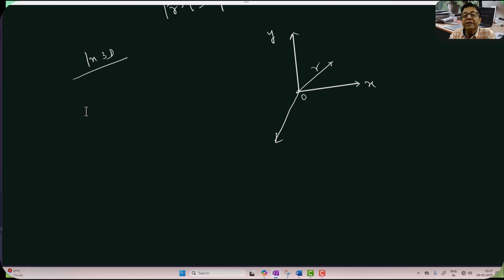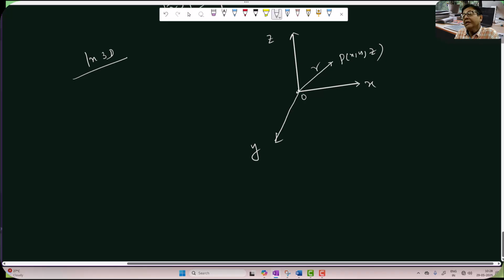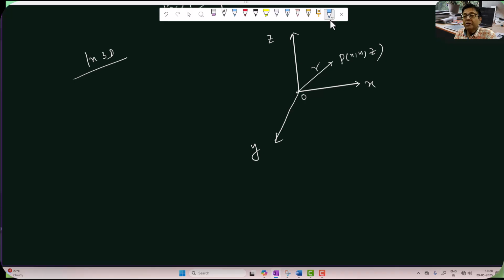This is the vector R. This one we have taken as Z, we keep that only, and this is Y. Suppose this point has coordinates x, y, z. x is the x component, y is the y component, z is the z component. Okay?